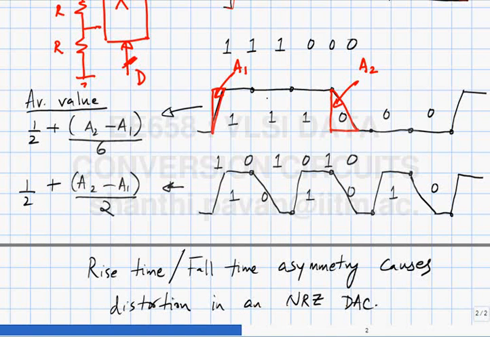So that is the reason why, in applications, especially communication applications where distortion is important, you will find that a lot of these DACs are actually return to zero DACs.